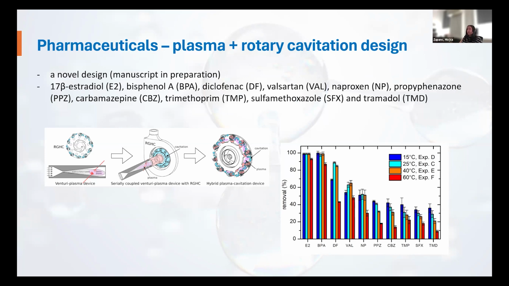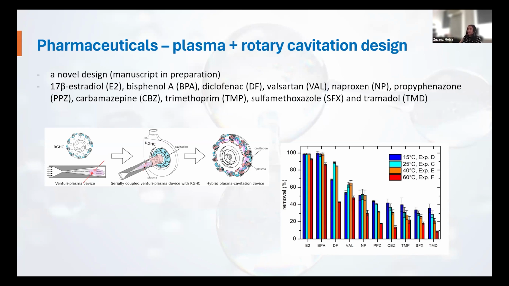2 antibiotics, trimethoprim and sulfamethoxazole. And once again, on this graph, you can see that all of these pharmaceuticals are susceptible to degradation with plasma. But again, they are degraded to different degrees, which, once again, we can see is dependent on their physicochemical properties and on their structure. And again, the degradation depends strongly on the experimental conditions.